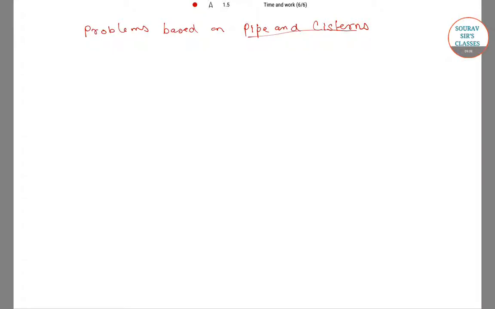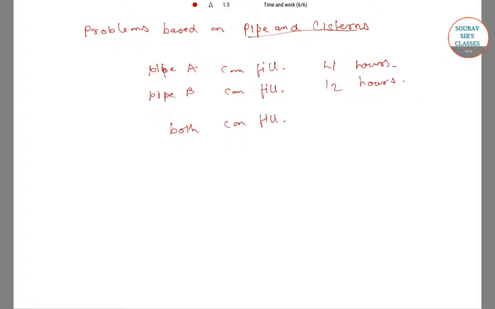It works in a similar way as before, that is, if pipe A can fill the tank in H1 hours and pipe B can fill the tank in H2 hours, then both can fill the tank in H1 into H2 divided by H1 plus H2 hours.